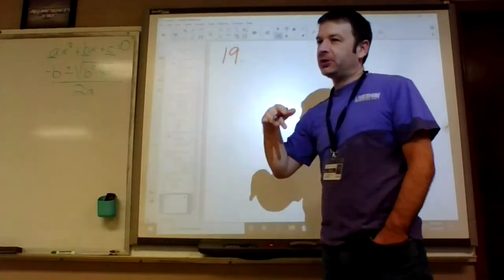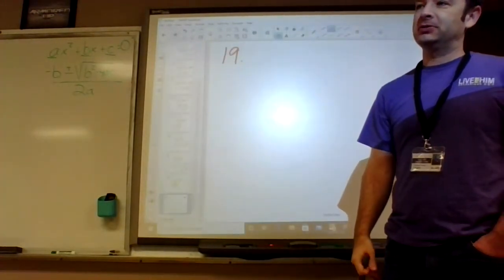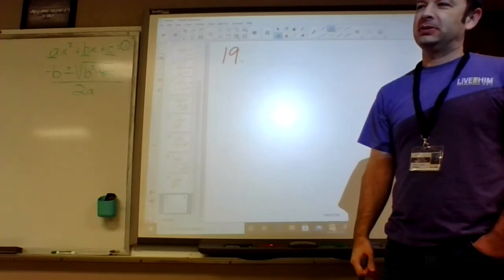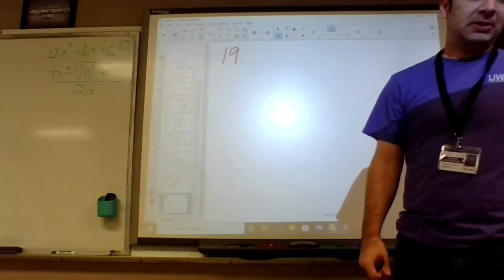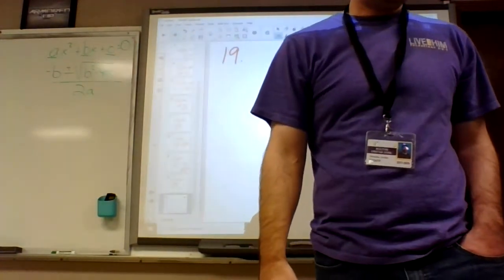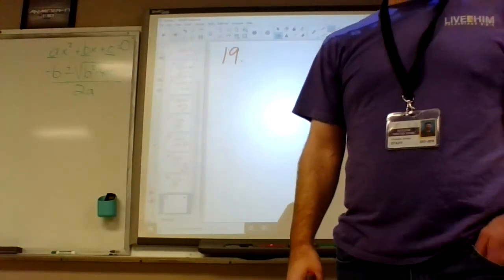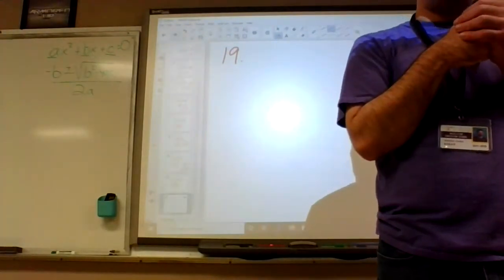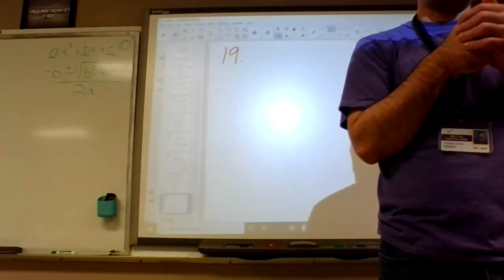Alternate: switch all your A, B, and C values. Wait, okay, so the numbers on 19 are -6, -7, 55. Yeah, so on 19, we could use -6, -7, and 55.